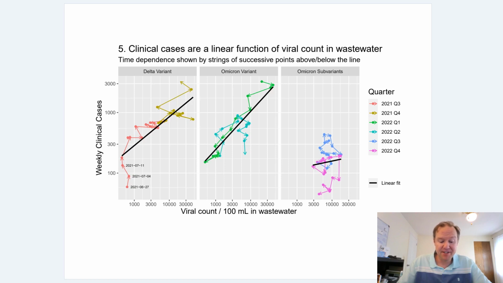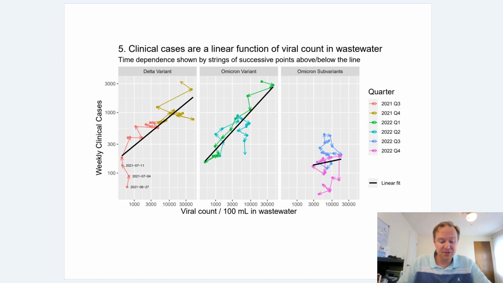This plot provides another way to visualize the relationship between the clinical and wastewater time series, where the scatter plots show the progression of the data in time using the arrows.